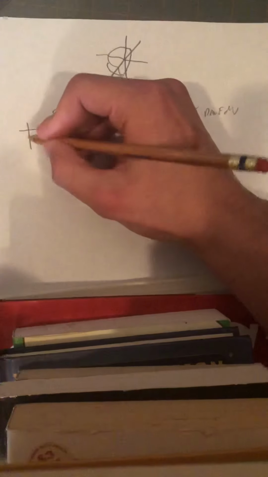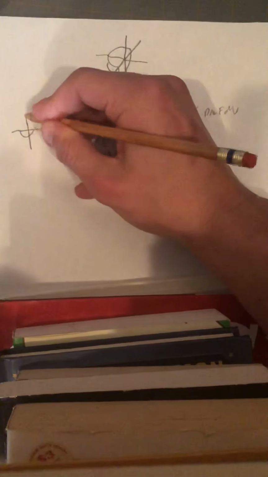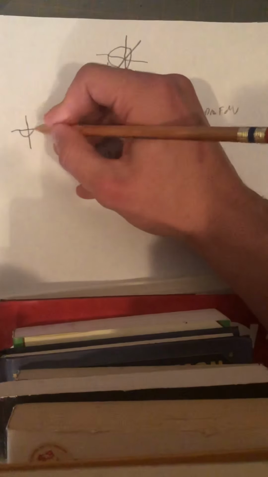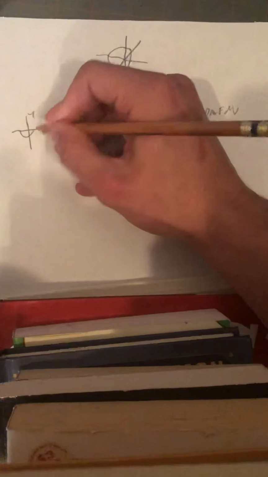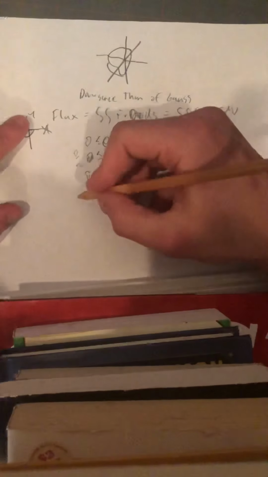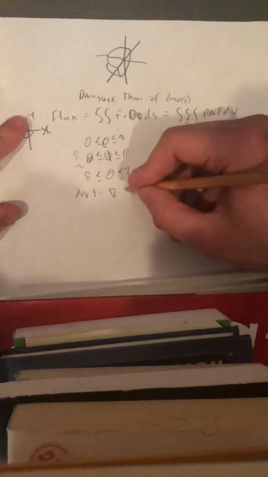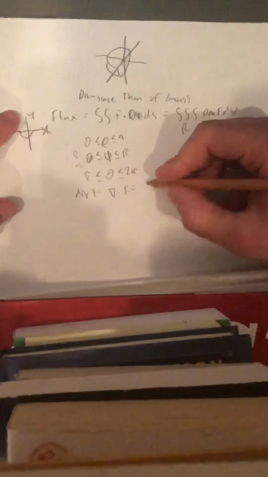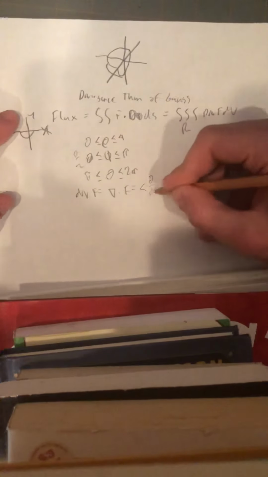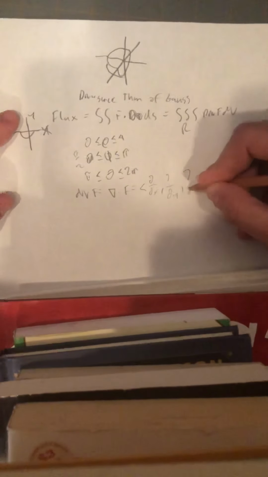So theta is going to go from pi to 2 pi. If we drew this in the xy plane, it would be wherever y is negative. That's x, and that would be y. So this would go from pi to 2 pi. Okay, sounds good. Now we need to find the divergence of F. That's just del dot F, and del is the del operator: partial with respect to x, y, and z.